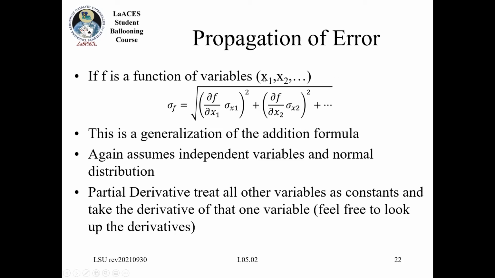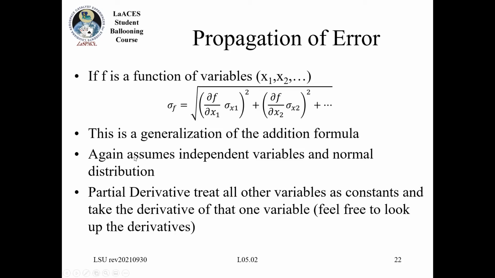An example of this: I could be calculating the volume, in which case I would have length, width, and height if it's a rectangular prism. So I'm not directly measuring the volume. I'm going to measure the length, the width, and the height. So I want to know how you calculate the error in the volume based on the errors I had for those other 3 dimensions.